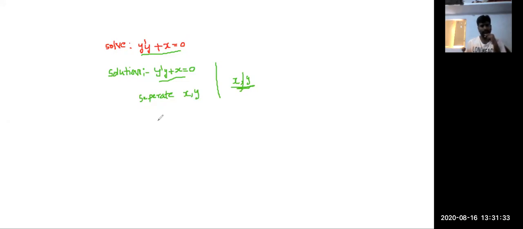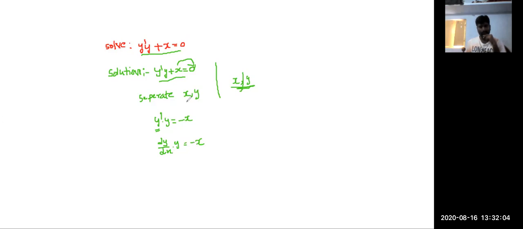So y dash into y equals, bring x to the other side, that is minus x. y dash can be written as dy by dx, into y equals minus x.